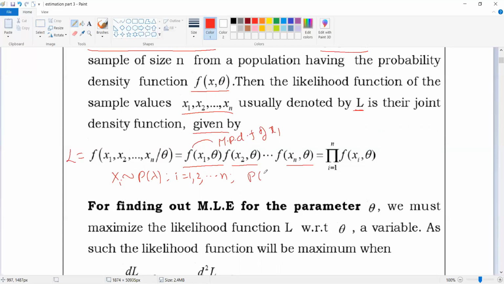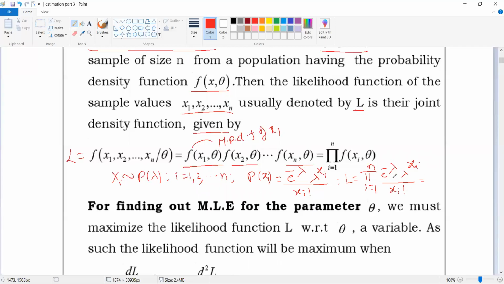The probability mass function is P(x = xi) = e to the power minus lambda, lambda to the power xi, divided by xi factorial. Now the likelihood function is the product from i = 1 to n of e to the power minus lambda, lambda to the power xi, by xi factorial.